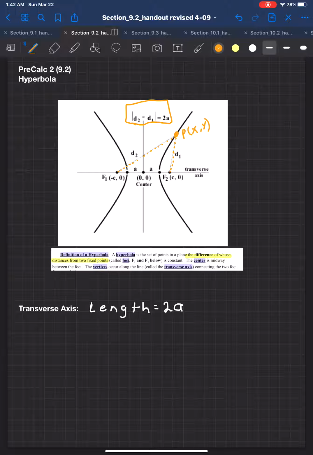Now, this is going to be a quicker video, because the techniques that we're going to use for the hyperbola are very similar to the ellipse. So we have all of our theory. Let's just note some of the noticeable differences. For the hyperbola, there are only two vertices, as opposed to the vertices and co-vertices of an ellipse.